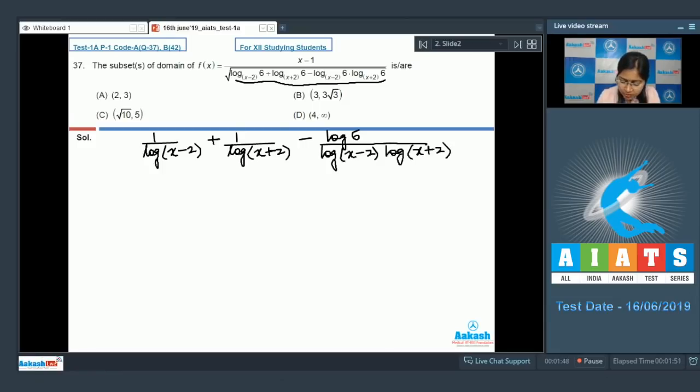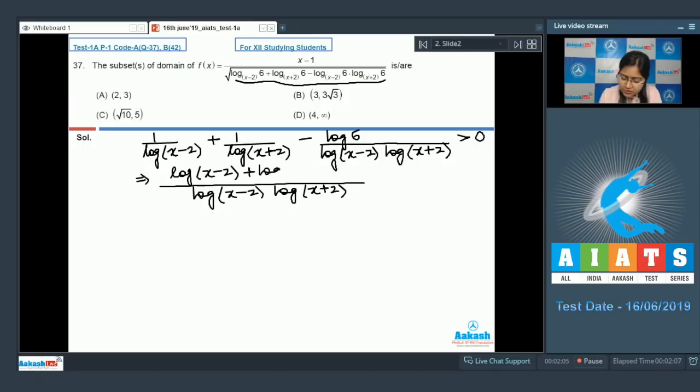This whole term should be greater than 0. So let us here take LCM as log(x minus 2) into log(x plus 2). So we are left with here log(x minus 2) plus log(x plus 2) minus log 6, right? This should be greater than 0.